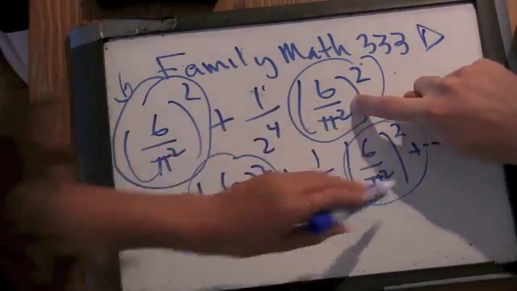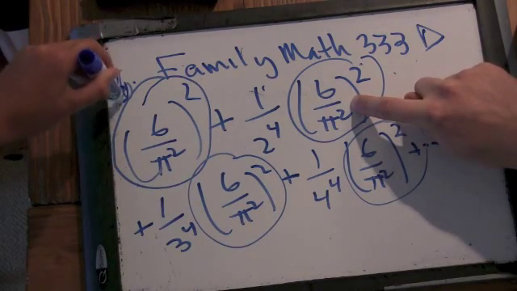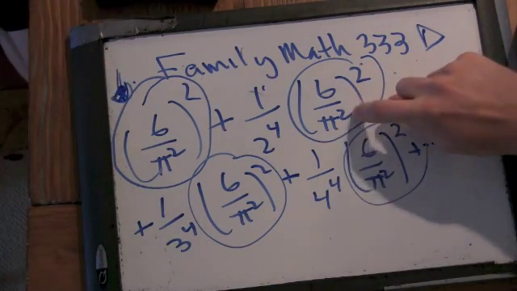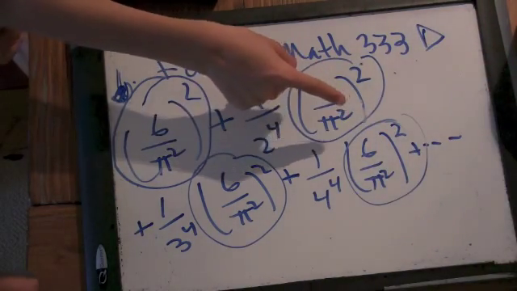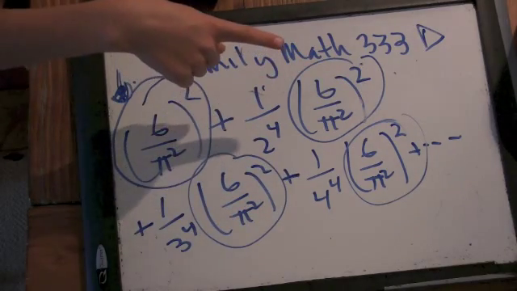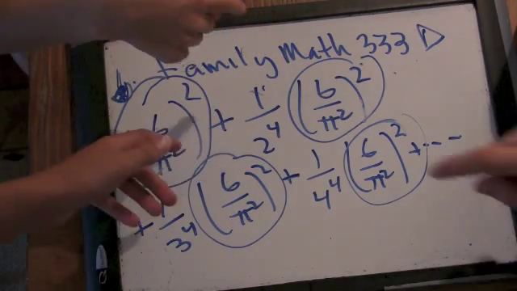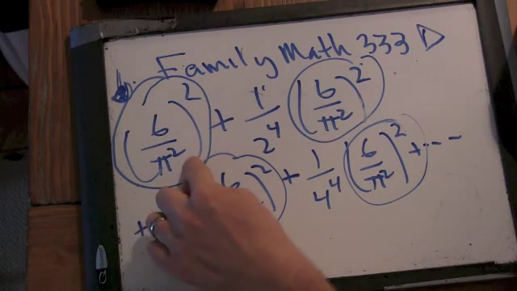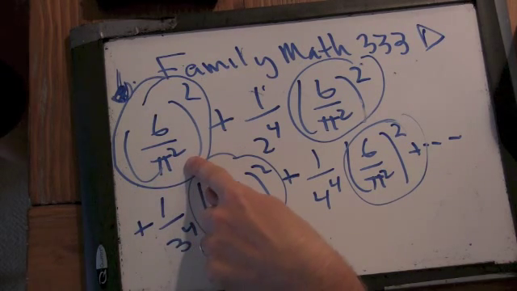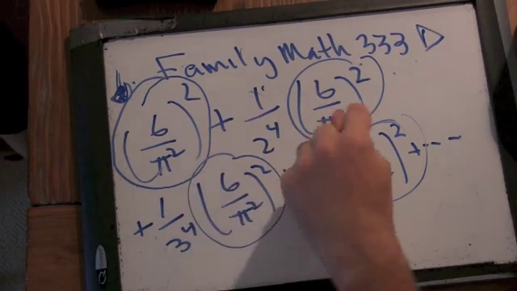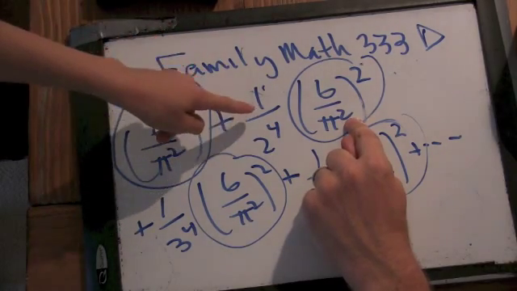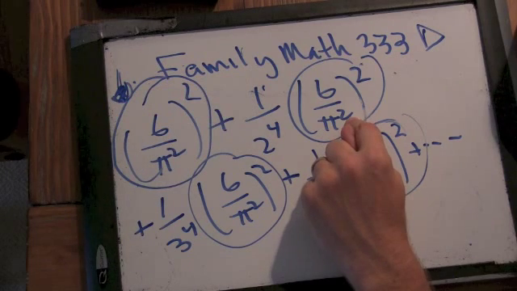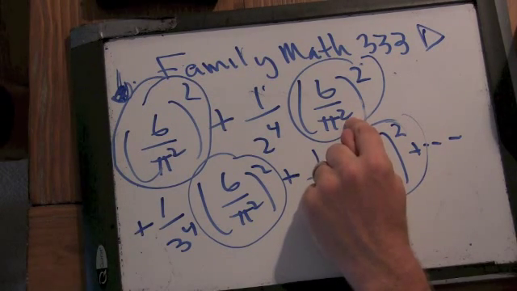Where do we start? We started here. And how many 6 over pi squareds do we have there? 1. Okay, how many 6 over pi squareds do we have here? What's multiplying my 6 over pi squared here? 1 over 2 to the 4th, so 1 over 16.